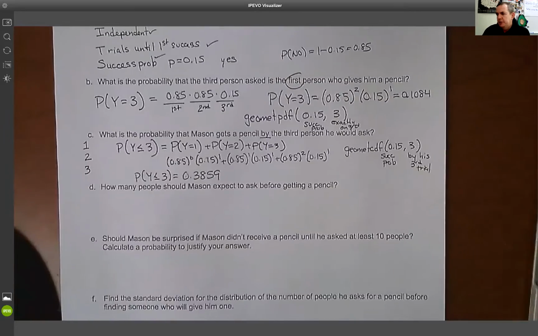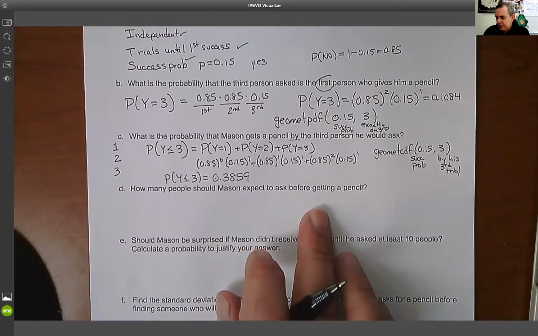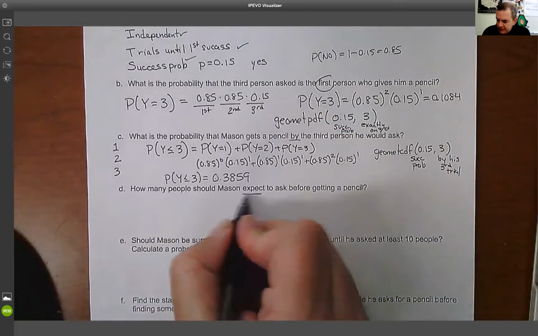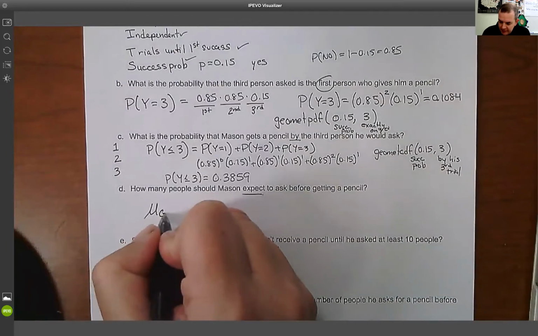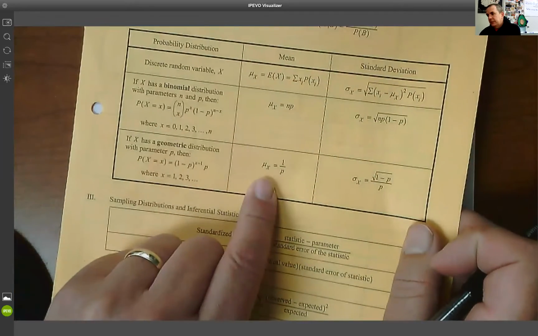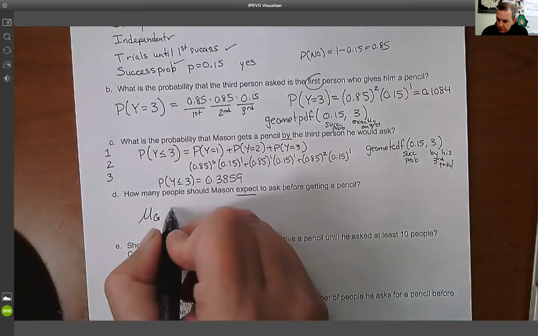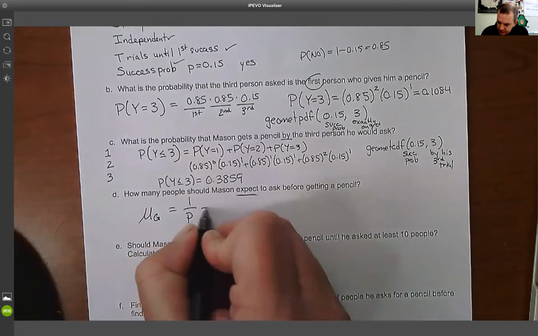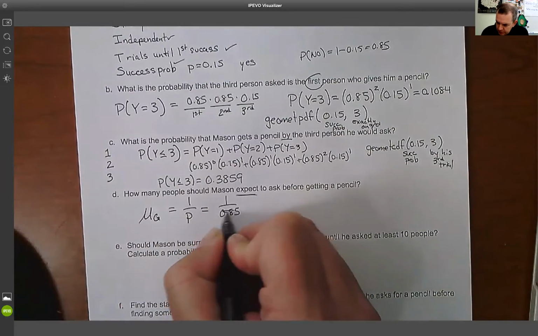Next, how many people should Mason expect to talk to before getting his first pencil? When you see expect, that refers to the mean. So we're doing the expected value of a geometric. It's 1 over p. So in this case, it's 1 over the probability, 0.15.